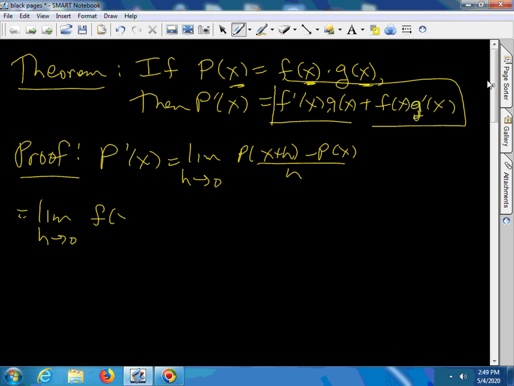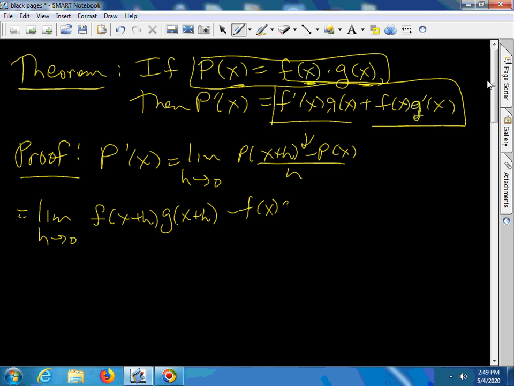It's f of x plus h times g of x plus h minus p of x. And here you get a freebie. They told us what p of x is. In fact, they always do. Now this gets divided by h.